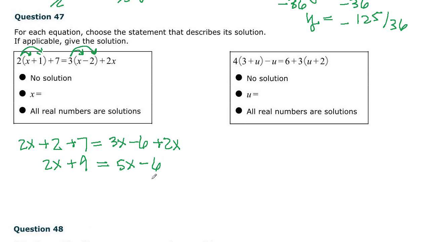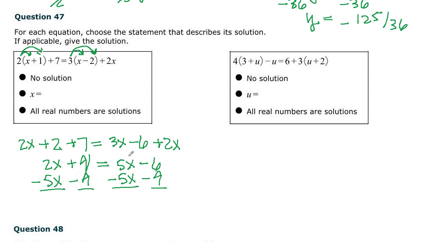And it looks like we are going to have one solution here. So let's go ahead and get our variables on the left, numbers on the right. So subtract 5x on both sides. And then bring the 9 over here, subtract 9 on both sides.